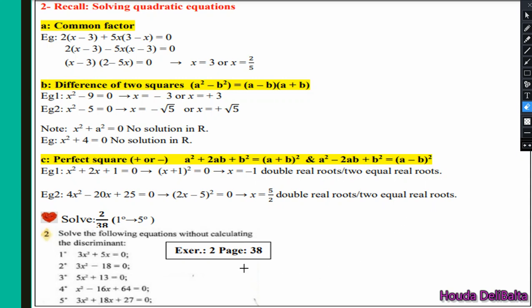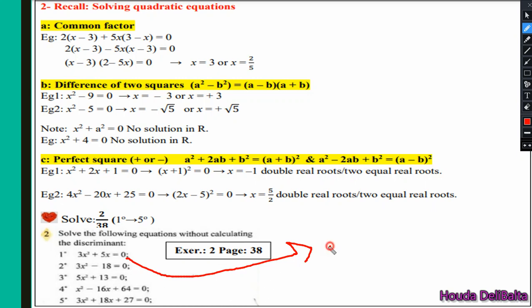Now, in order to train yourselves, you have to solve from your book Building Up Mathematics, exercise 2 in page 1 and page 38. These are, as you know, exercises here. For example, 3x squared plus 5x equals 0. All you have to do is factorize. I'll solve these two and you have to continue the others.